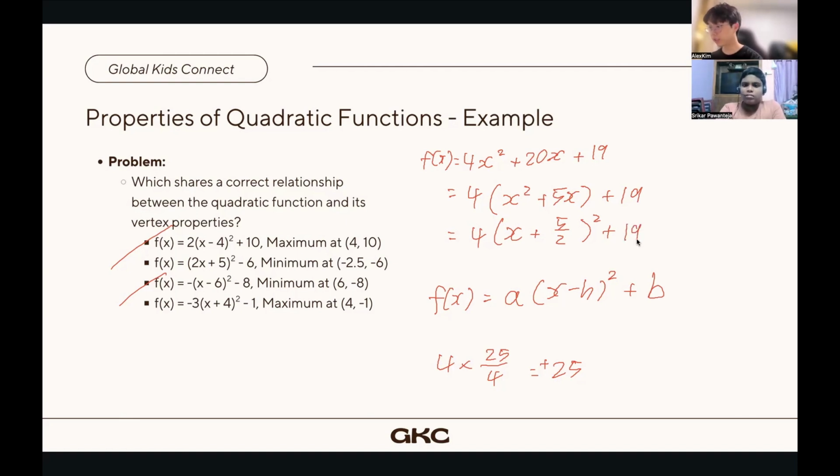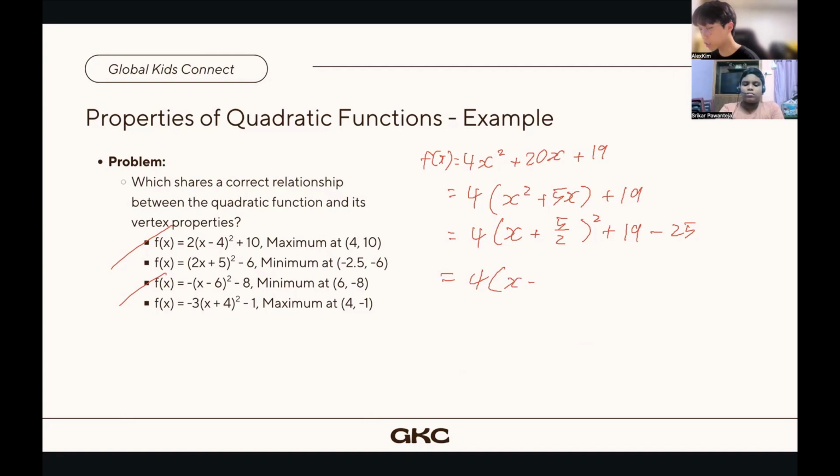And so from the 19 that's already there, we add a minus 25 so that we get rid of this extra 25 that results from squaring this value. And so if we're to do that, then our final vertex form of the second equation will come to 4 times (x plus 5 over 2) squared minus 6.